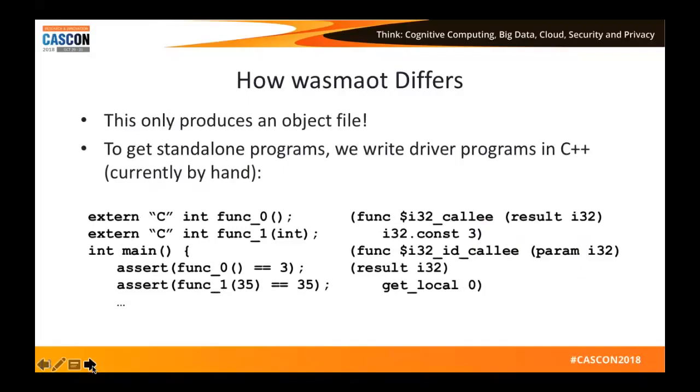The func0 and func1 that you see actually just correspond to the functions as they occur in order within the WASM source file. So in this case, func0 is going to be i32 callee, and func1 is going to be i32 identity callee. From reading the WASM source code, we can see that the first takes no parameters and returns a 32-bit integer. The second takes a 32-bit integer and returns a value of the same type.